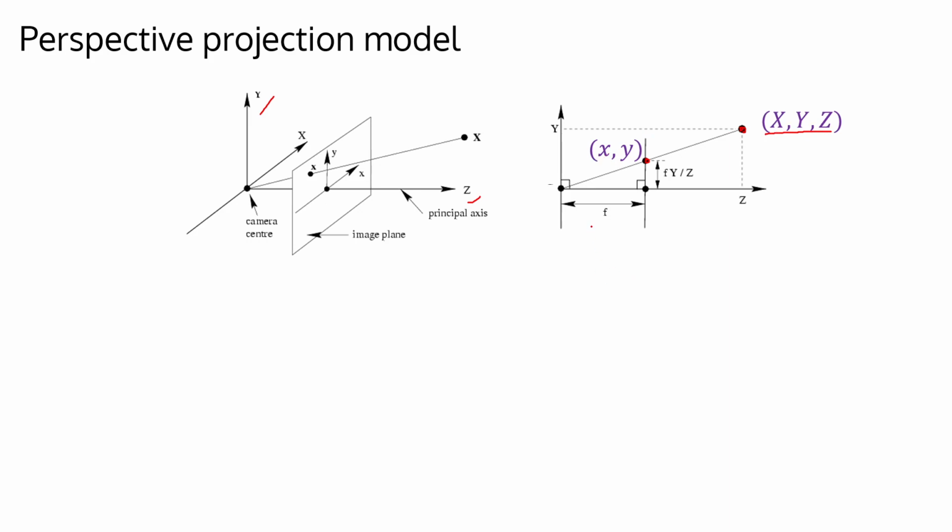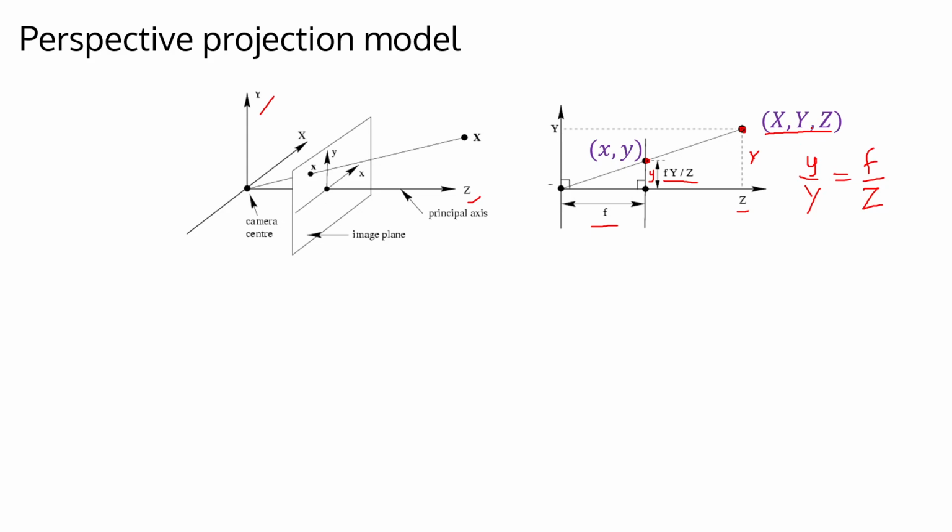So this distance is the focal length, this distance to the object is capital Z, and the height of the object is capital Y. Using similar triangles, you can calculate this as fY divided by Z. The reason is, as you know, small y divided by capital Y is equal to small f divided by capital Z using similar triangles.